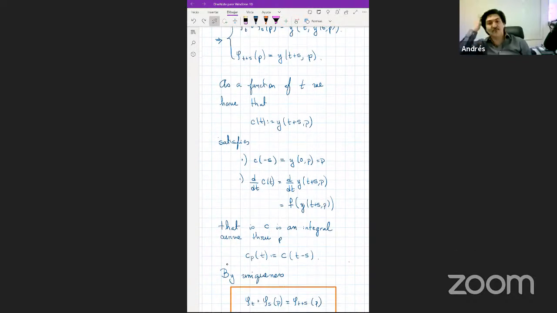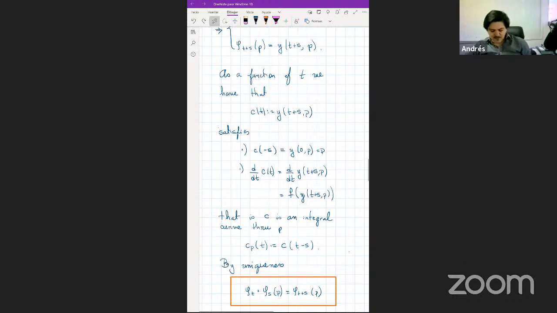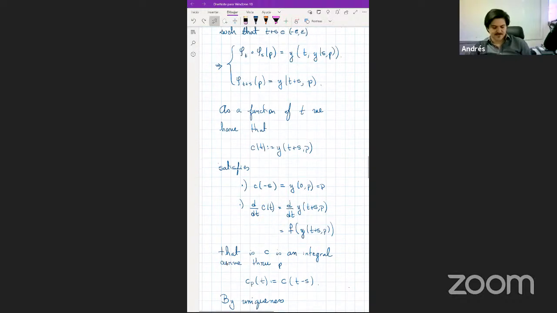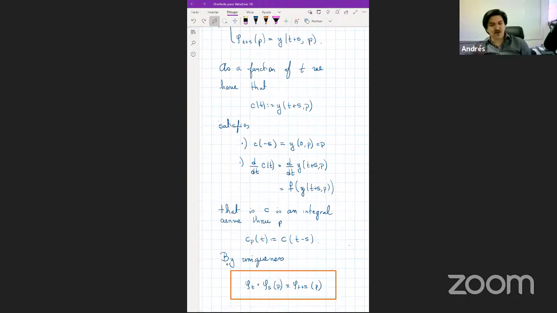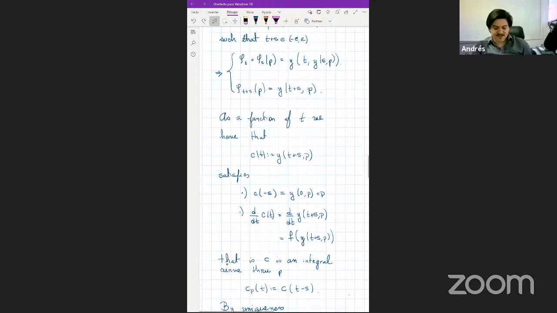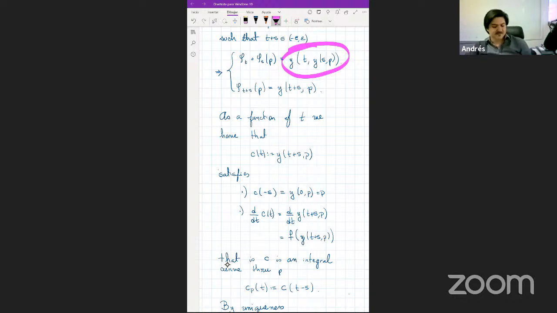Now again, we go back to the uniqueness. We obtain that they must be equal. By the uniqueness of the integral curves, they must agree. If you look at this, this is an integral curve, but when t equals 0, it is an integral curve here.